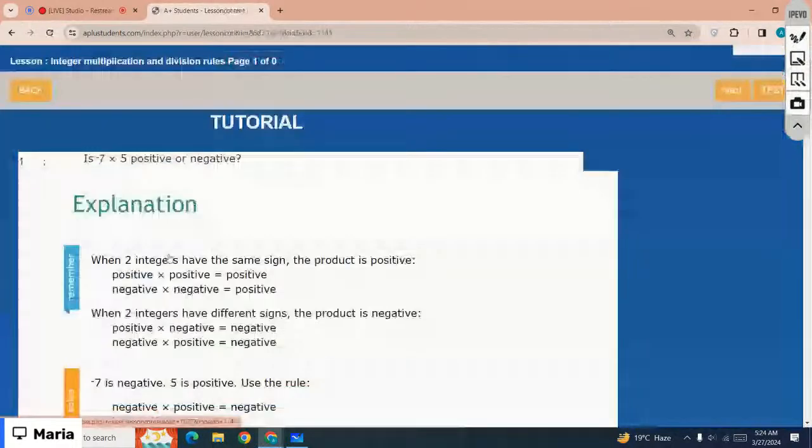Multiplication and division rules are very easy rules. You just keep these rules in your mind. If two integers have the same sign, like both the numbers are positive, the answer is positive.